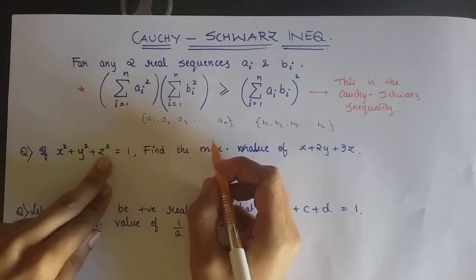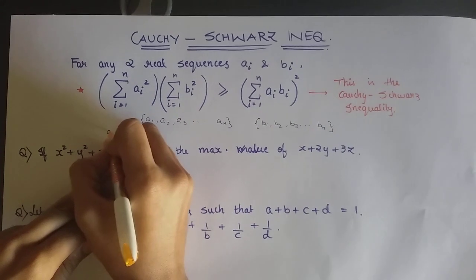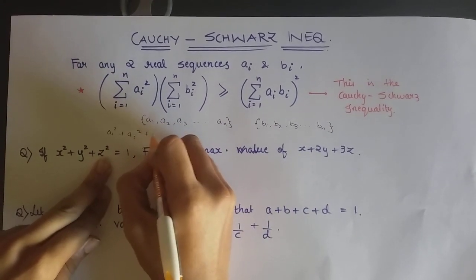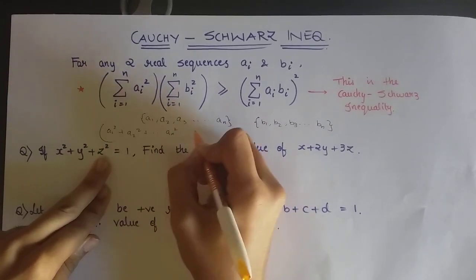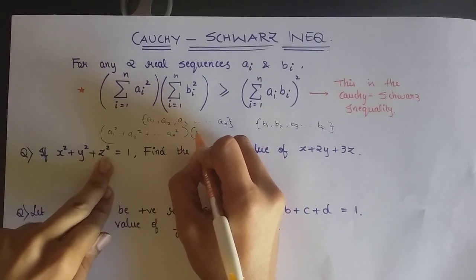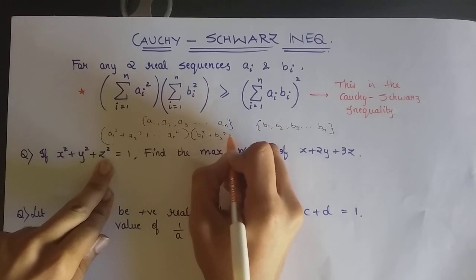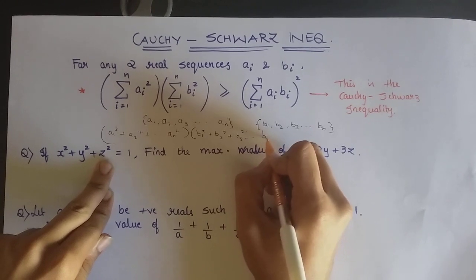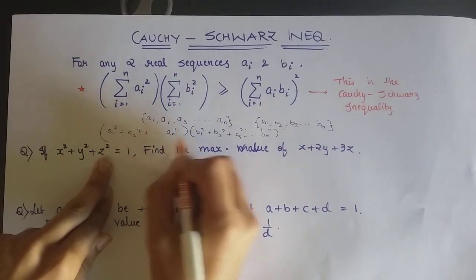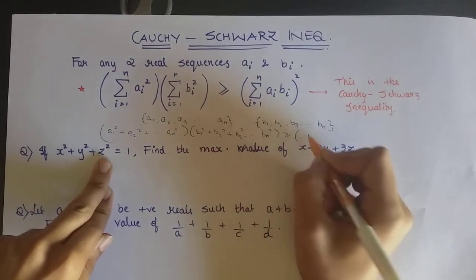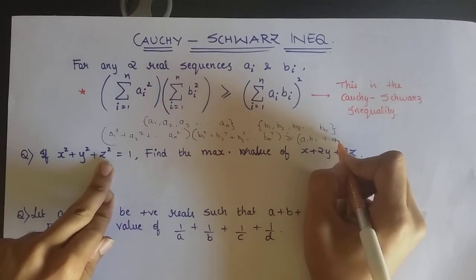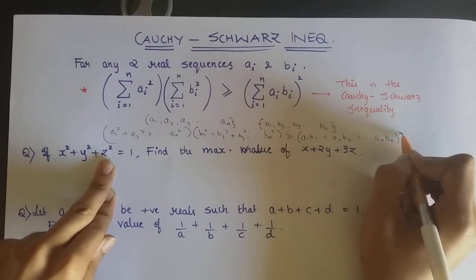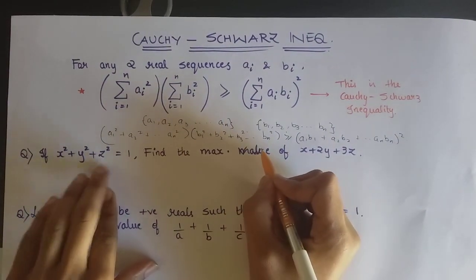So the Cauchy Schwarz inequality says that A1 square plus A2 square plus so on until An square, multiplied by B1 square plus B2 square plus B3 square so on until Bn square, is greater than or equal to A1 B1 plus A2 B2 plus so on until An Bn, whole squared, right? So this is what it says.